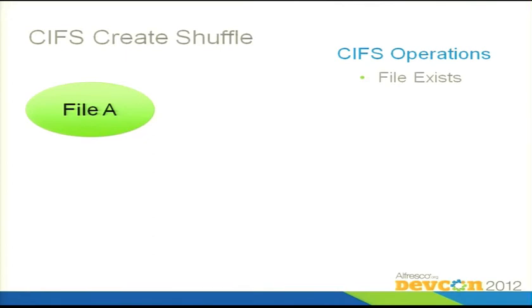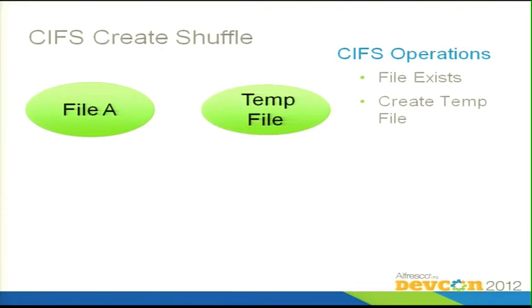So if we go back to our create shuffle, the file exists. We create the temp file. Actually, what happens is that the temp file has a certain name pattern.